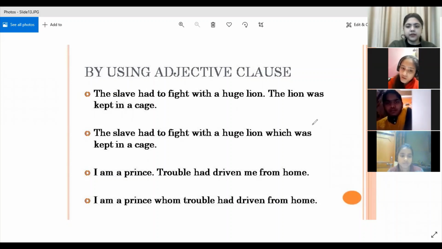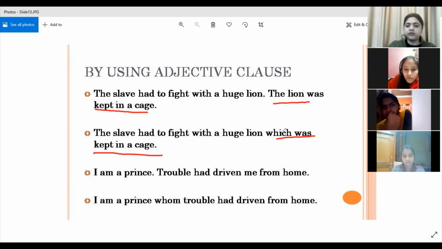In the second simple sentence, something related to the lion has been given to us, so we can use it as a description. When we describe a noun, that is an adjective, so here a clause is describing a noun, which means it is an adjective clause. Instead of lion, we are using which. And this is our subordinate clause.